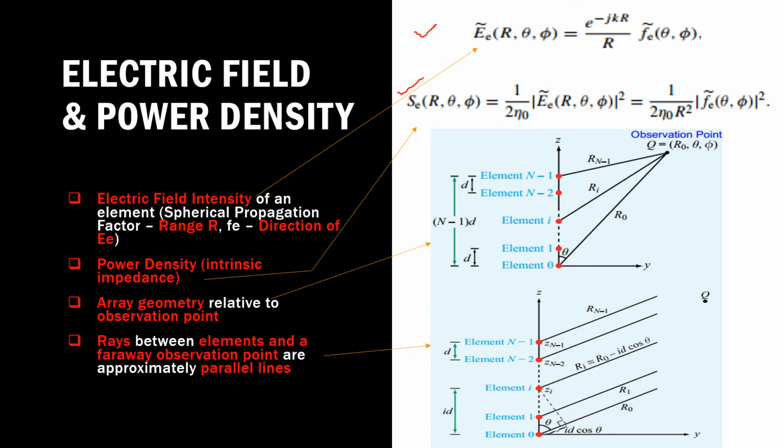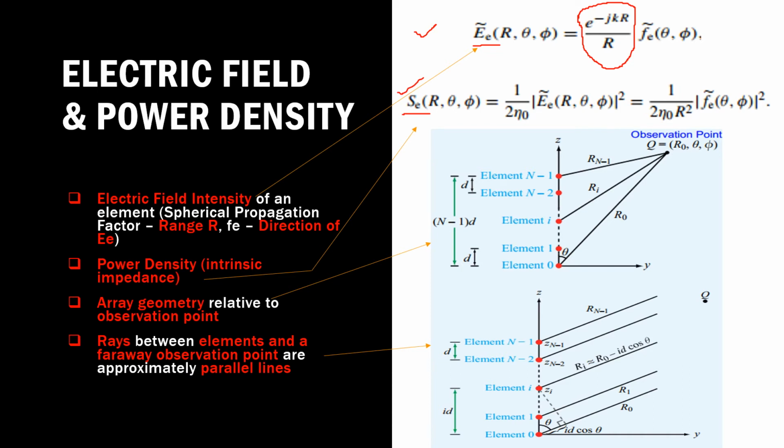These are each element's electric field and power density. The first factor is known as the spherical propagation factor, which depends upon the range r, and this range r can be defined as the distance from every element to the observation point.